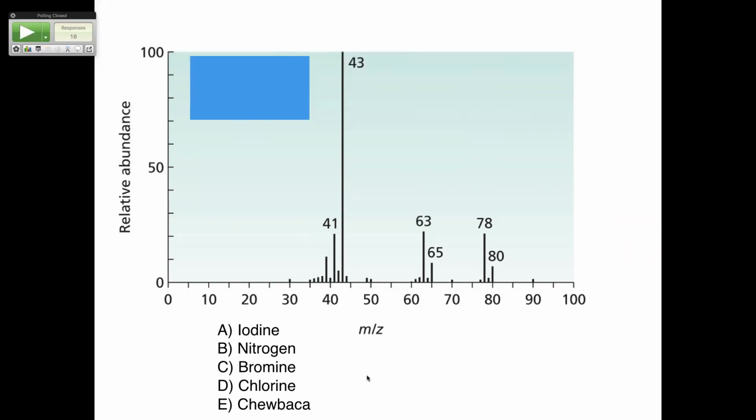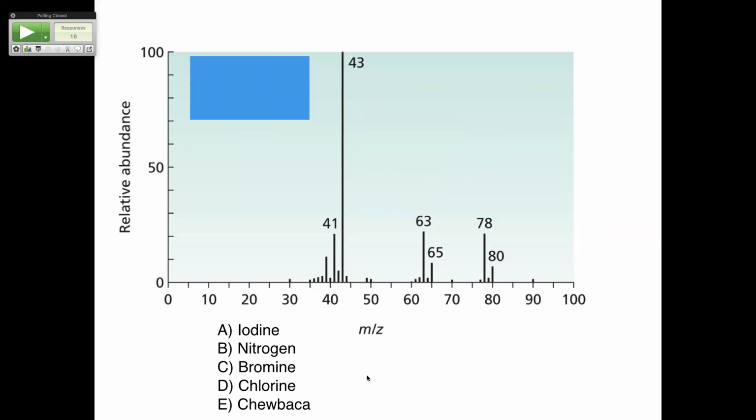Those are because of the 2 isotopes of chlorine. What one is the 78 one, the more common one? 35. So I'm going to subtract 35 off this because I already know I've got chlorine in my formula. That leaves me with 43.